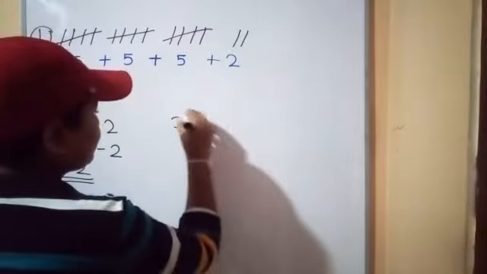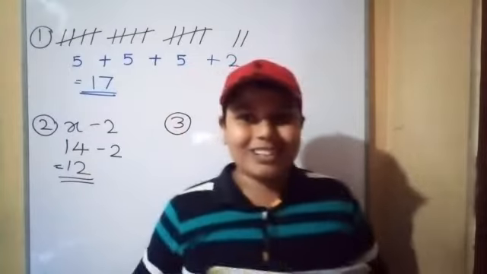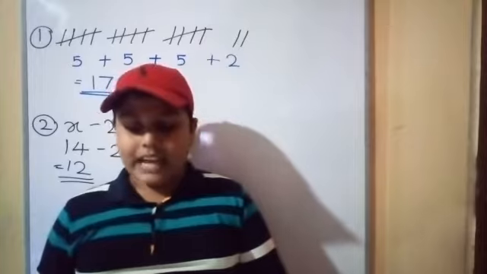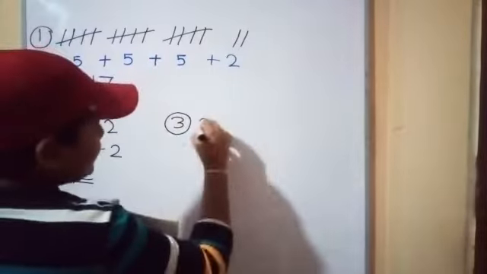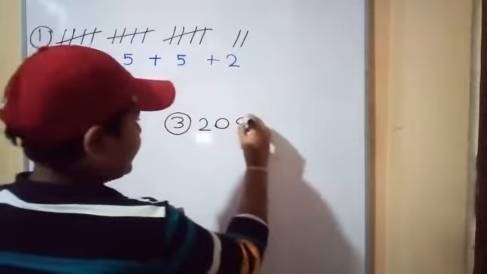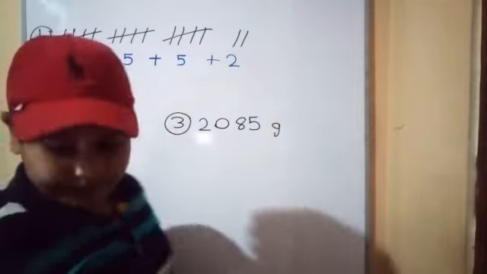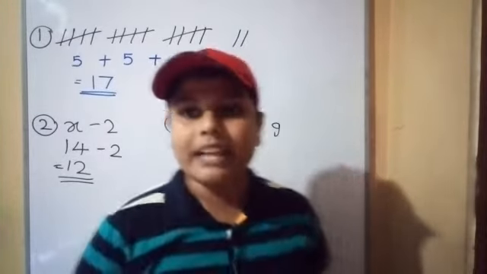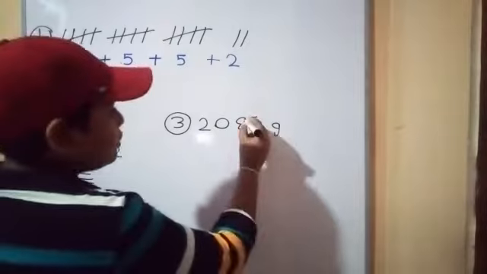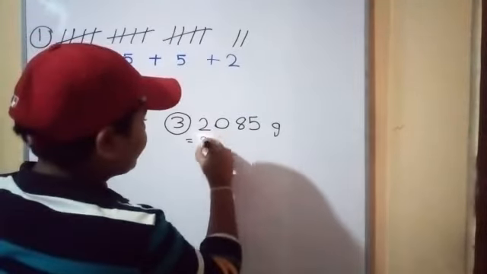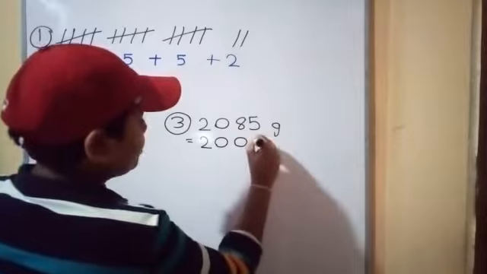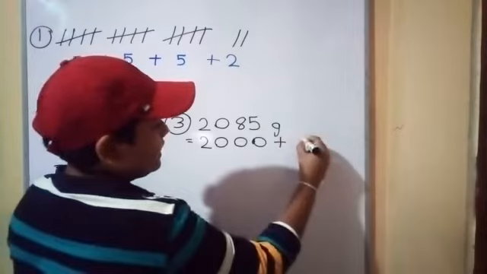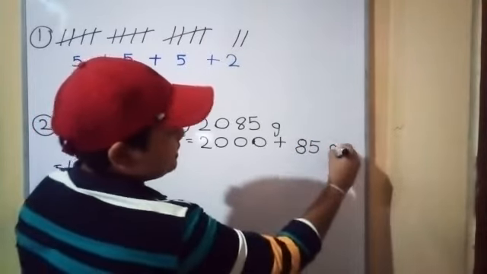Third question. Let's move to the third question. Write 2085 grams in kilograms and grams. That means you want to separate this into 2 parts: 2000 and 85 grams.